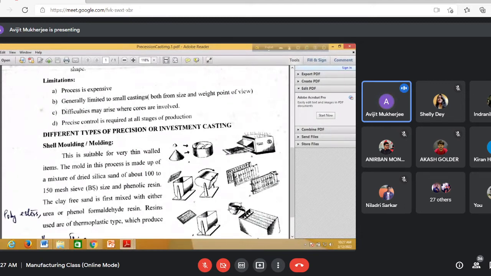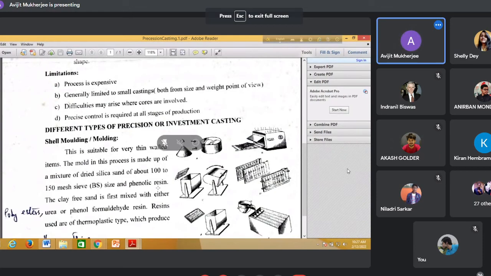So 100 to 150 BS mesh sieve sand is selected, dry silica sand, and it is mixed with phenolic resin. Now phenolic resin is one synthetic binder. We know clay is the naturally available binder, and that is to some extent inferior in quality. We may also use molasses, but again that is inferior in quality. So here for good casting, because we know precision investment casting must have some desired properties, as we just mentioned, to maintain all these properties, we should use some good quality sand and good quality binders.